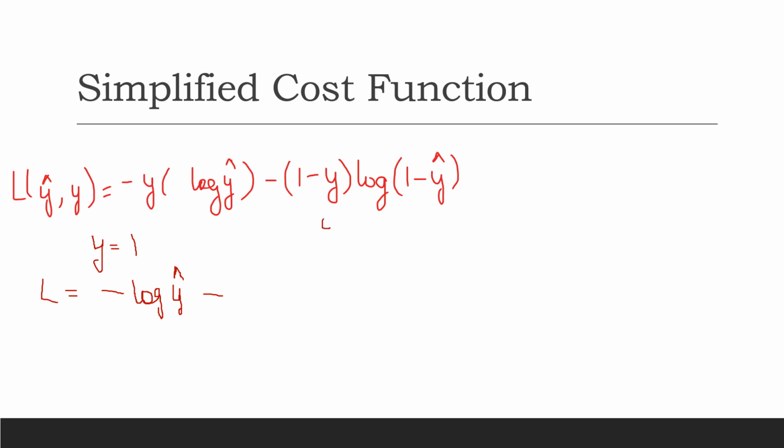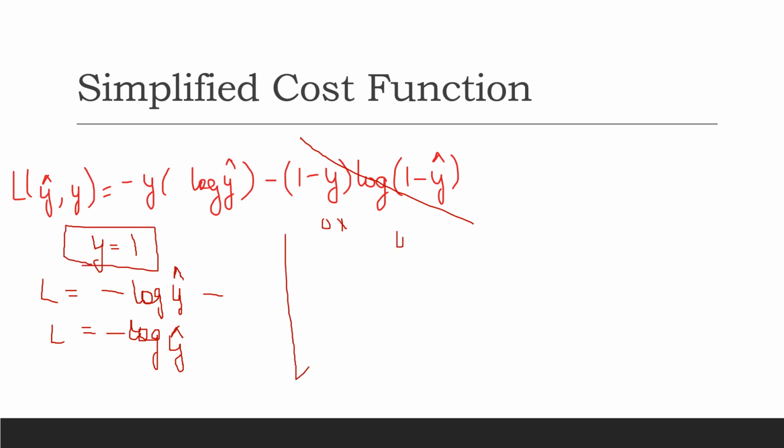So 0 multiplied by anything will be 0. So this whole term will be cancelled, and this will be minus log y hat. So this is the equation that is used when the actual label y is equal to 1.